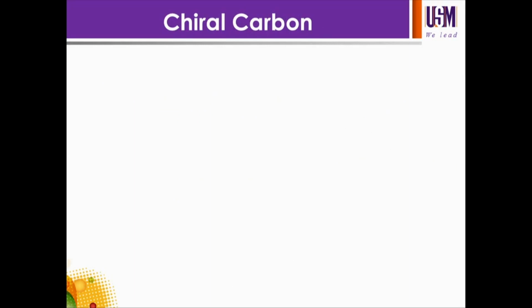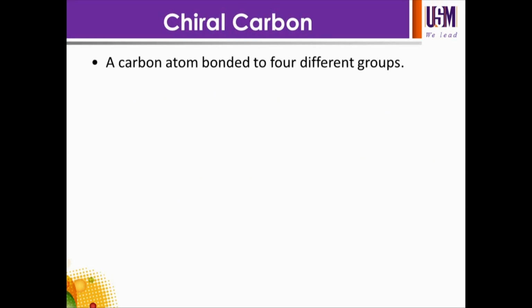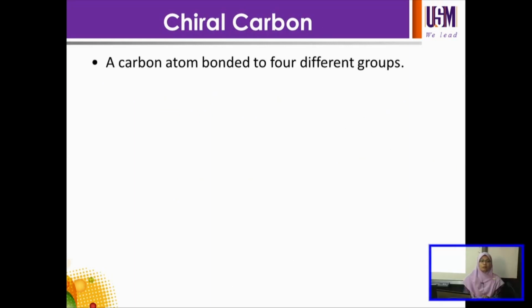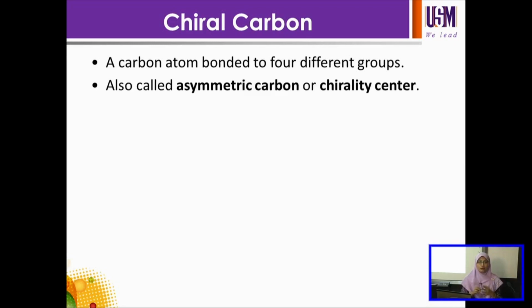Okay, what is a chiral carbon? A chiral carbon is a carbon atom bonded to 4 different groups. Just now, like bromochlorofluoromethane, we have 4 different groups: bromine, chlorine, fluorine, and hydrogen. Chiral carbon is also known as asymmetric carbon or chirality center.